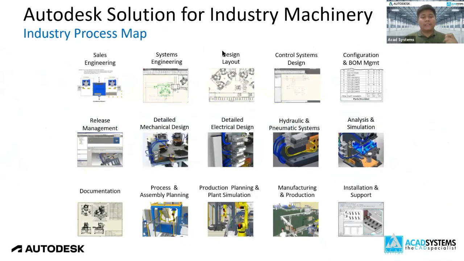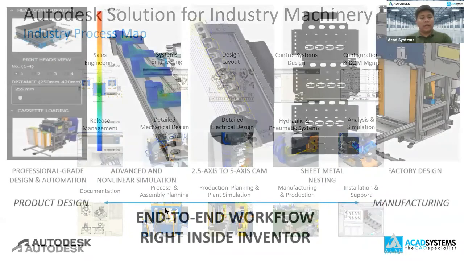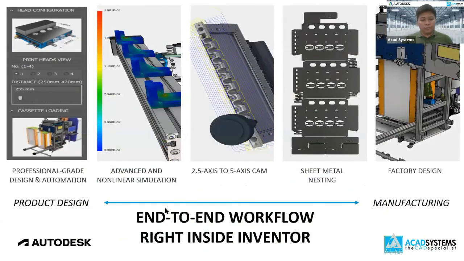In the first series, I already mentioned this process map of Autodesk solutions in industrial machinery. You need to have sales engineering and go with all these tools. Autodesk has one solution we call the Product Design & Manufacturing Collection, an end-to-end workflow.